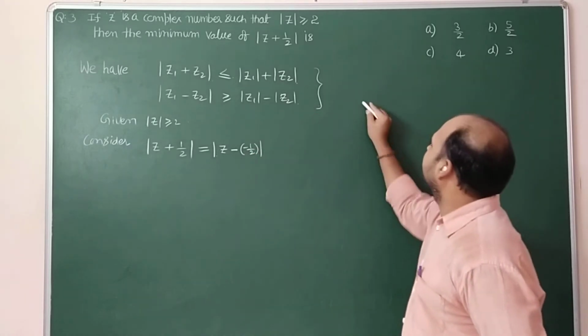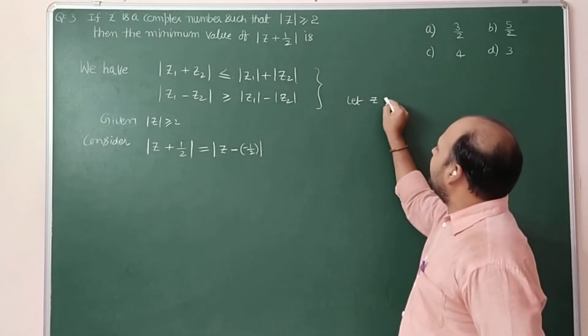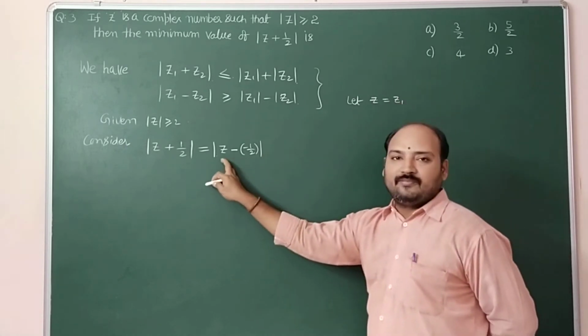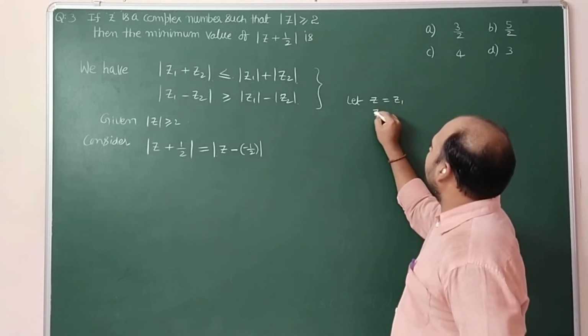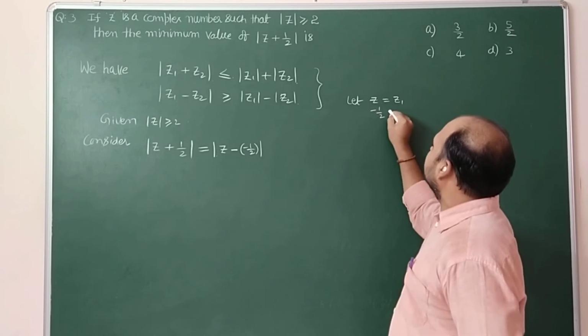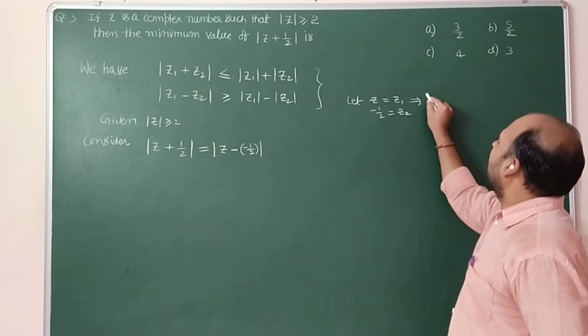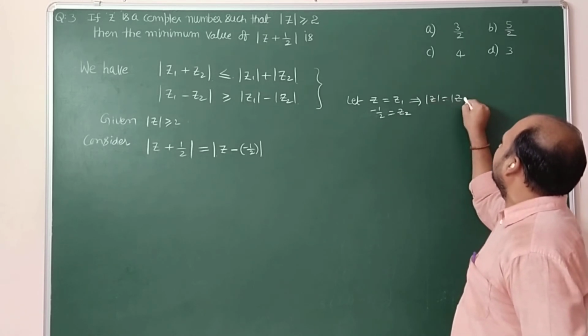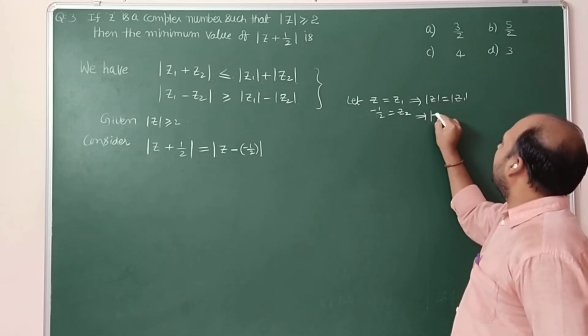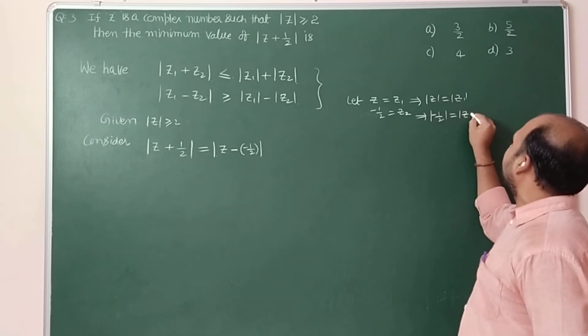Now let z be z1 here, and minus 1 by 2 be z2. So mod z is equal to mod z1, and mod minus 1 by 2 is equal to mod z2.